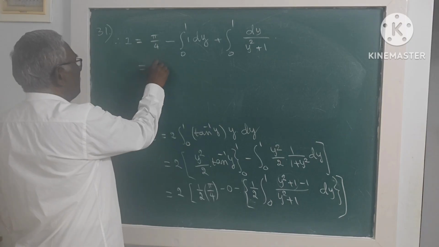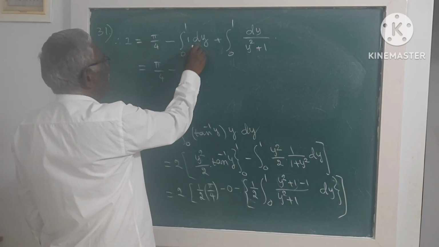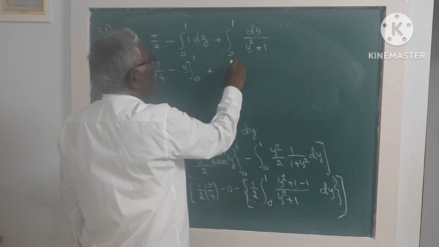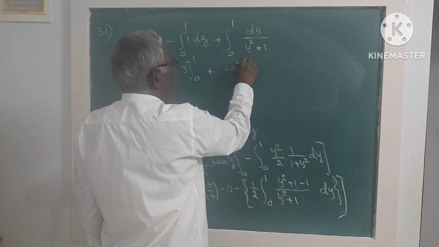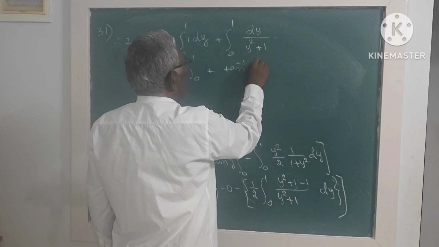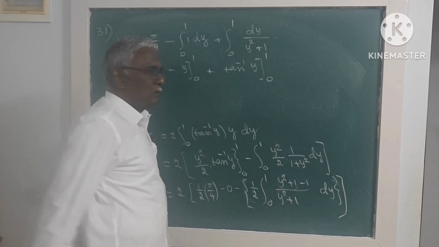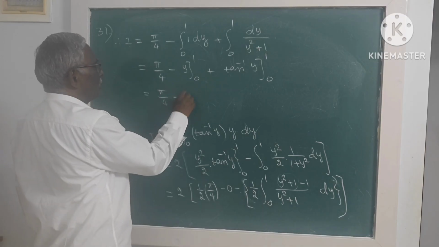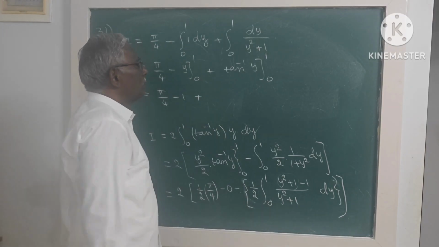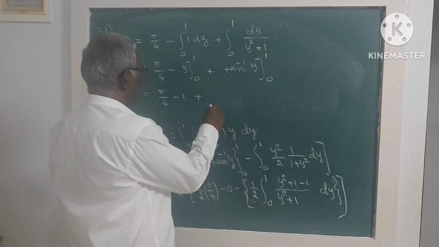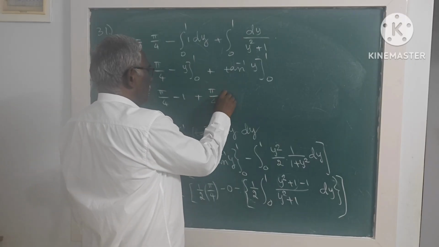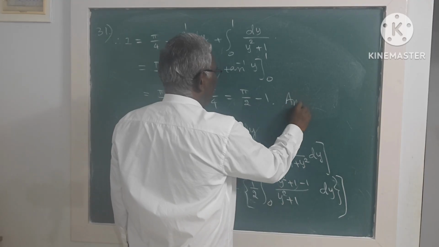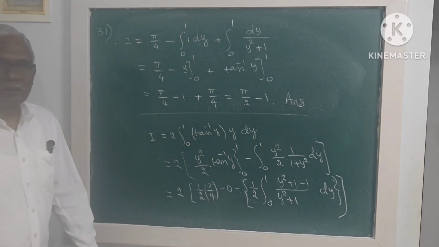So this becomes pi by 4 minus y from 0 to 1, plus tan inverse y, again 0 to 1. If you put y is 1, it will be 45 degrees. So it will become pi by 2 minus 1. So this is the answer.